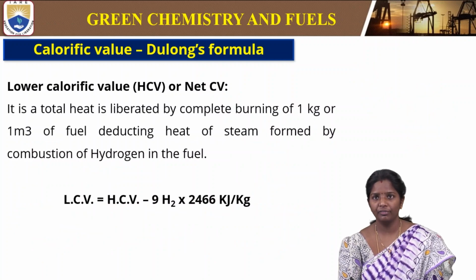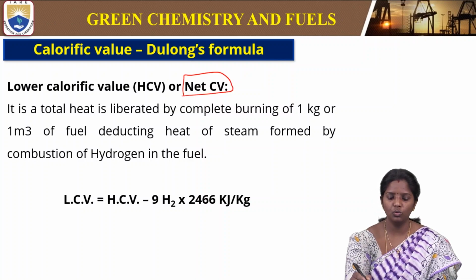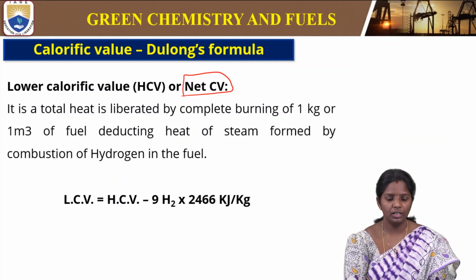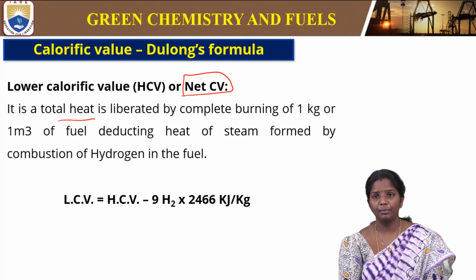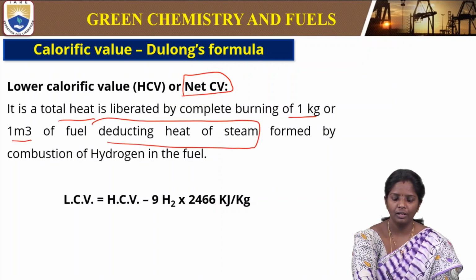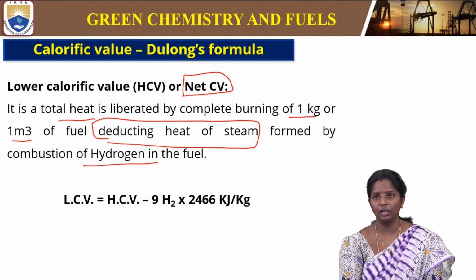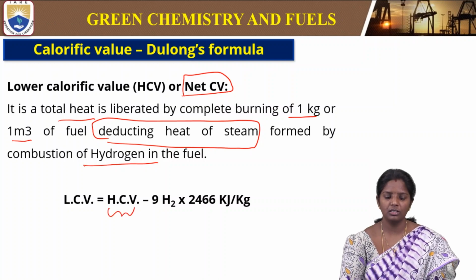Next, lower calorific value or net calorific value. Net is nothing but what we get or use for our purpose. It is the total heat liberated by complete burning of 1 kg or 1 cubic meter of fuel, deducting the heat of steam formed by the combustion of hydrogen in the fuel. So when we are deducting heat, it means that it must be deducted from the HCV.